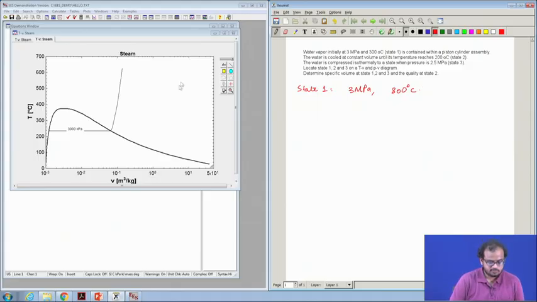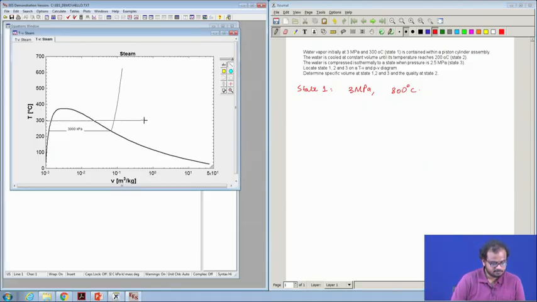If you look into this figure, 300 degrees Celsius is this line and it intersects the 3 megapascal line over here. So, the state 1 is superheated vapor, then it is cooled to 200 degrees Celsius in an isochoric manner.